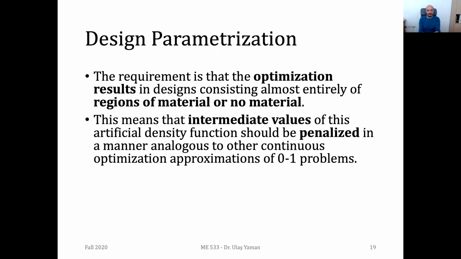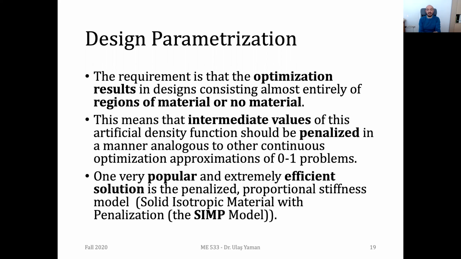These are things we mentioned. We may have intermediate values of densities, but since in real life, in practice, it's not possible to have intermediate density, we will be trying to find ways to penalize such densities. And the most popular way to do this is to continue with the solid isotropic material with penalization method.